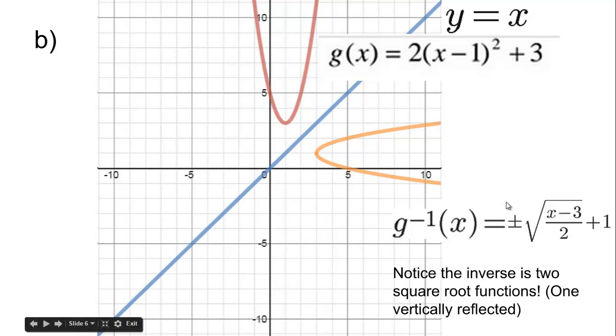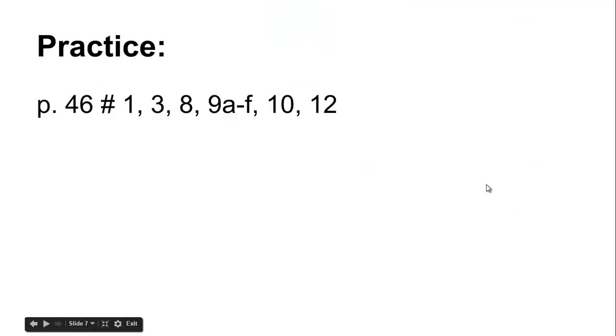And so that also backs up the reason why the 1/2 is a horizontal stretch. Notice the -3 is a right 3, and this is up 1. And that's a +3, so it's almost the same thing. This is +3 and right 1. This is right 3 and up 1. So both are moving in the positive direction. Okay, and there's some practice.